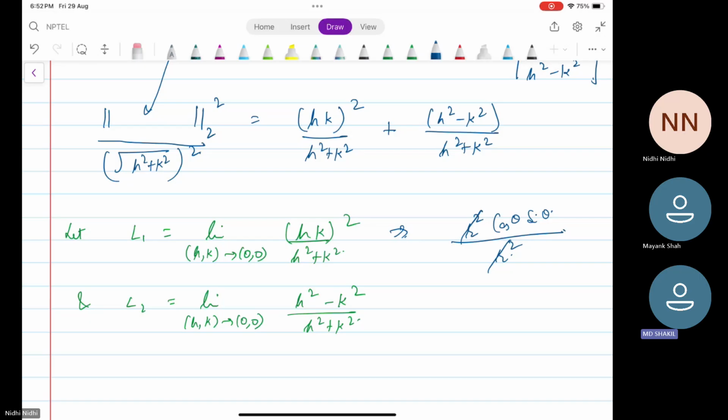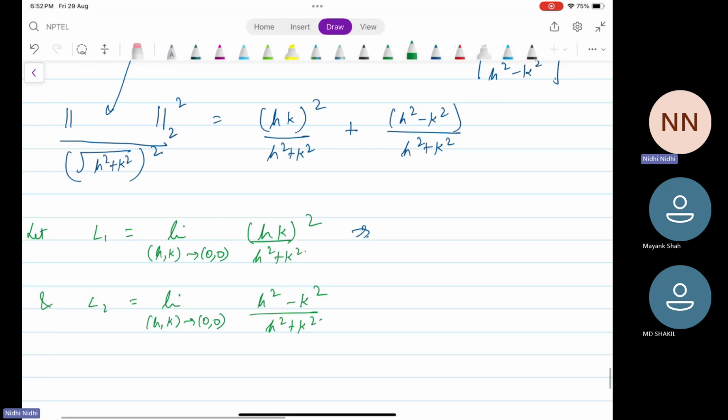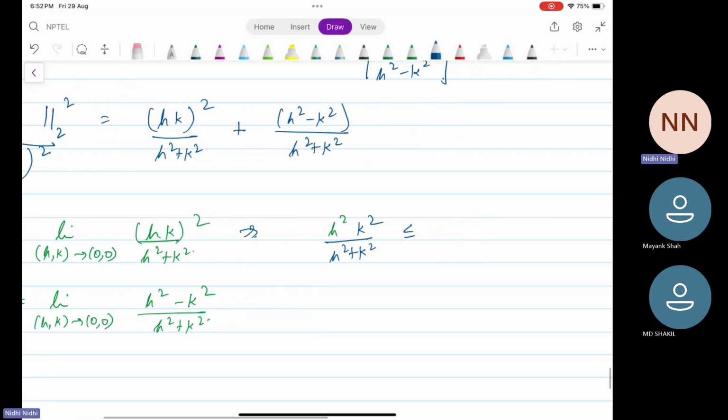So instead, you can do one thing: h square k square upon h square plus k square is less than or equal to, now h square itself is less than or equal to h square plus k square, and k square is also less than or equal to h square plus k square.